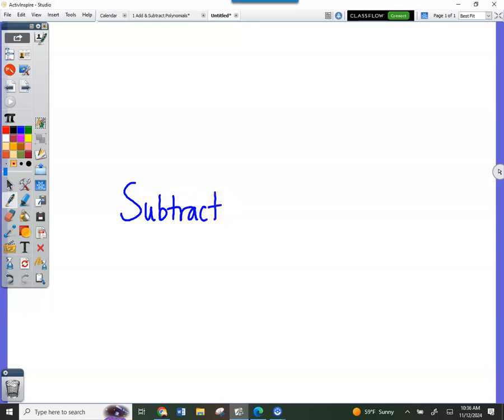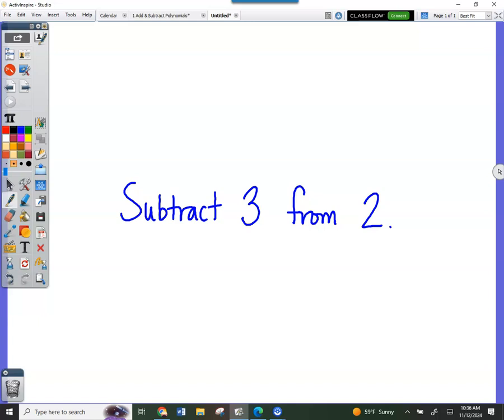Instead of all of the polynomials, let's just use numbers. Subtract 3 from 2. So the language, subtract this from that, means you're starting with that and you're taking this off, right?